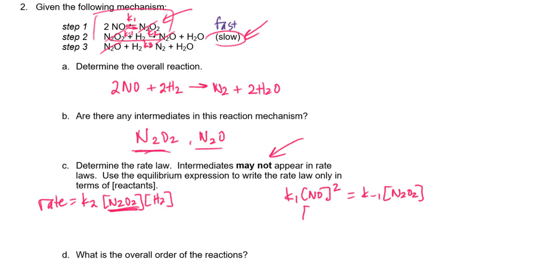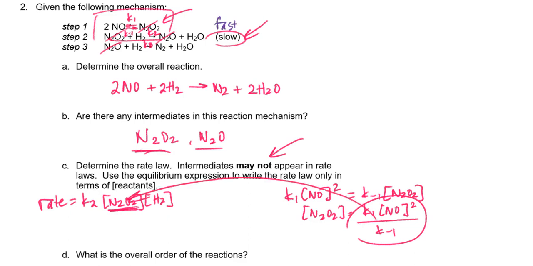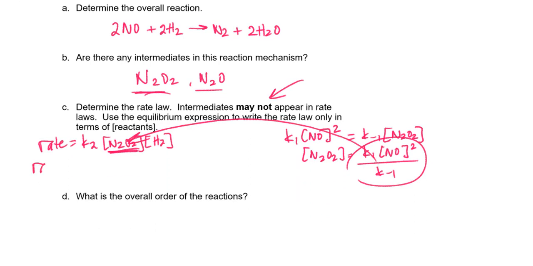If I solve this for the concentration of N2O2, then that would be k1 NO concentration squared over k minus 1. I'm going to use this expression and plug it in for N2O2. So that would mean the overall reaction rate is going to be k1 times k2 over k minus 1 times NO squared times H2.